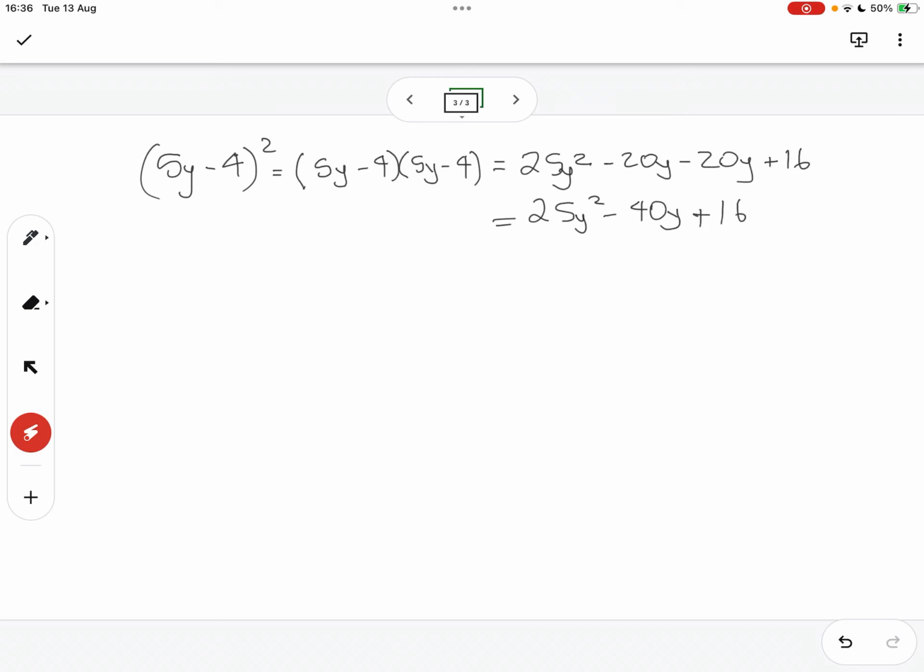Now, just finish off that paragraph, then we can get to the next page.